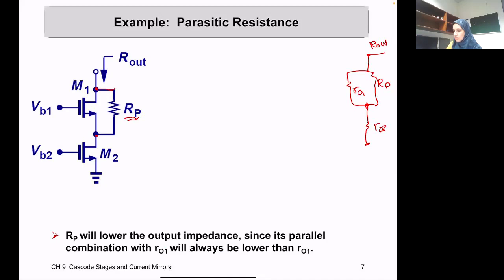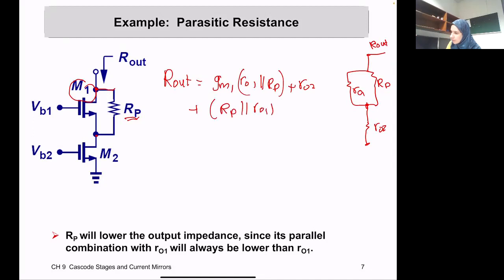Okay, so the GM1 of the transistor which is up, multiplied with R out 1 in parallel with RP, plus R out 2, plus RP in parallel with R out 1.